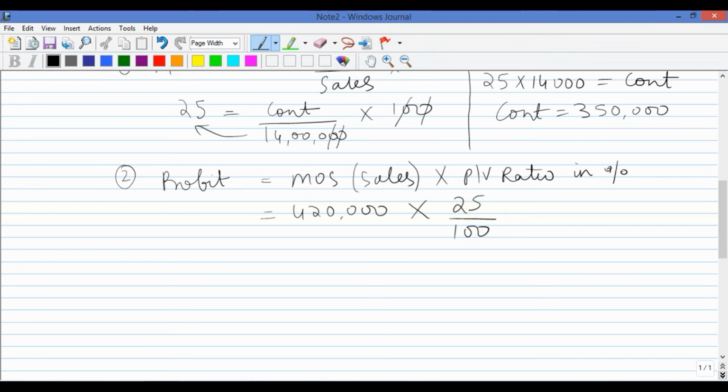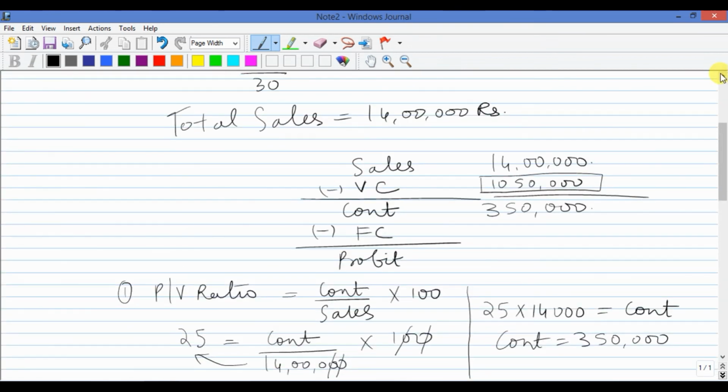So 4 lakh 20 into 25% is going to give me a profit of 1 lakh 5,000. I'm going to write here the profit, which is 1 lakh 5,000, and then this would be my balancing figure. So 3 lakh 50 minus 1 lakh 5,000 is going to give me 2 lakh 45,000 as the fixed cost.